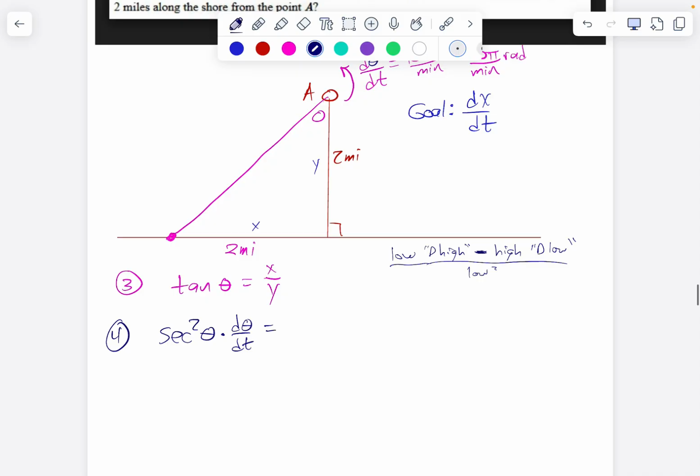Okay, so derivative of, so low d high would be y dx dt. And then high d low would be x dy dt. And then all over y squared.